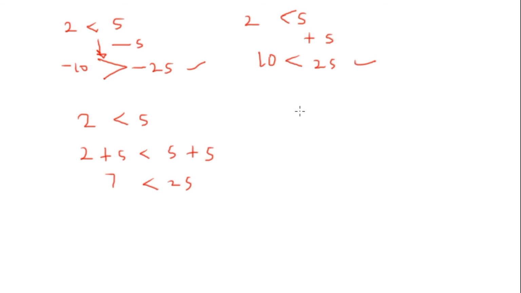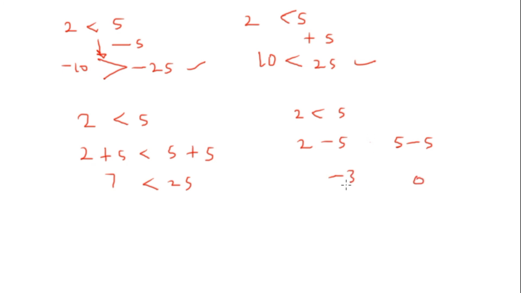If you subtract a fixed value from both sides of an inequality, let's say we subtract 5 from both sides, so that's 2 minus 5 and 5 minus 5, which gives minus 3 and 0.